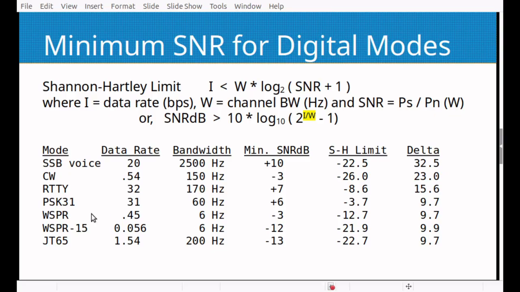That's not going to happen. These modes are highly efficient and they're quite robust. So they're within 10 dB of the theoretical limit. So we should not expect to see a lot of progress with faster computers and new transmission modes.